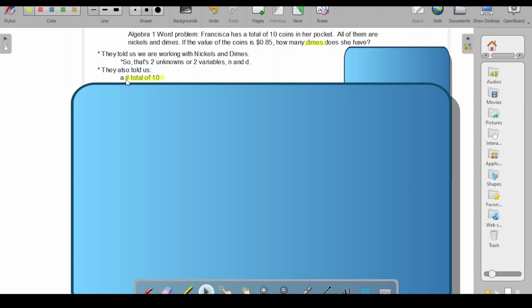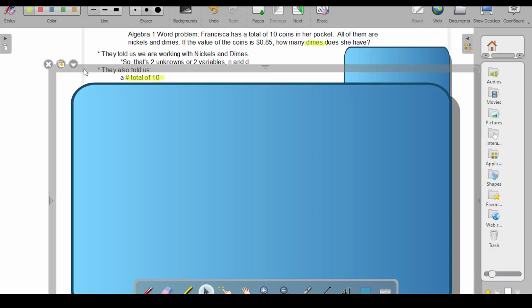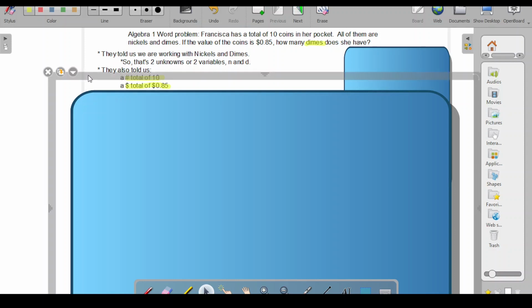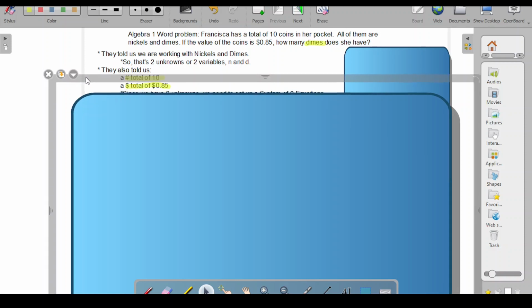They also told us a money total of 85 cents. The value of the coins is 85 cents. So they gave us a number total and a money total. That right there is kind of your tip-off, and we'll see why.